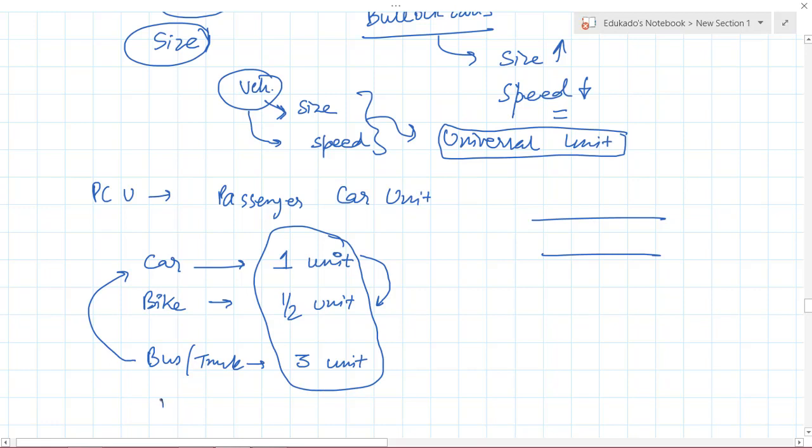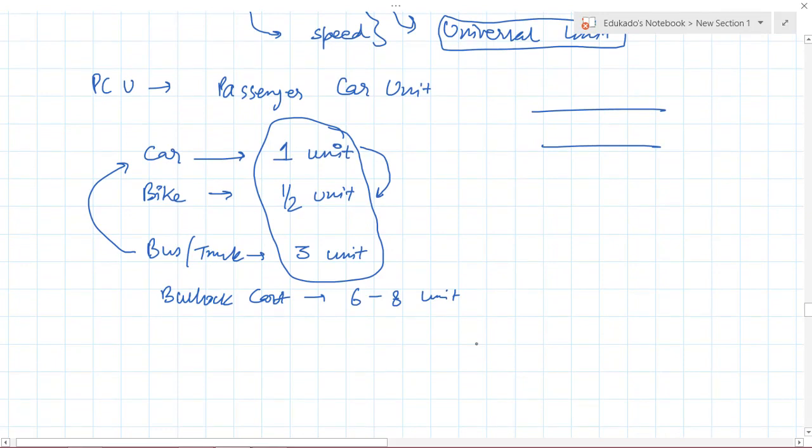Now I talked about the bullock cart. Its unit lies from 6 to 8 units. It's a huge thing. Not only the size matters here, but even the speed. If the thing is slower, the vehicles moving behind it, which have the capability of getting more speed, are forced to move at less speed.